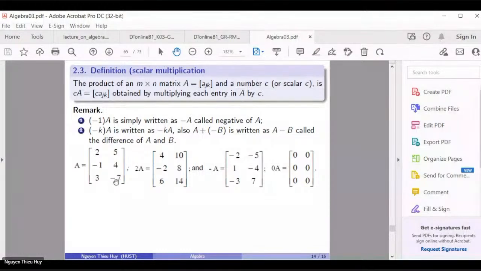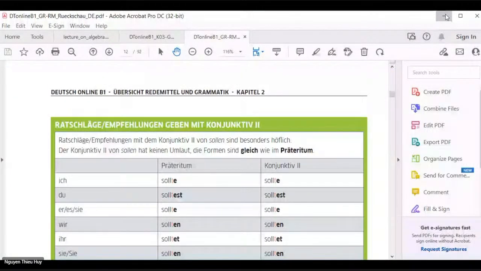Oh, here should be minus. No, there's some mistake here. I have to change. Okay, wait a moment. So I have to change to minus here. So wait some seconds so that I can change this.